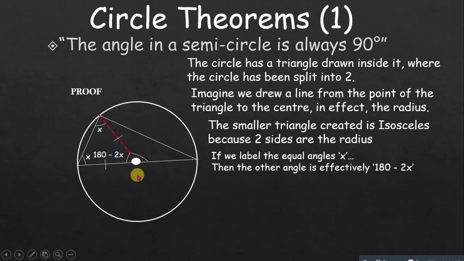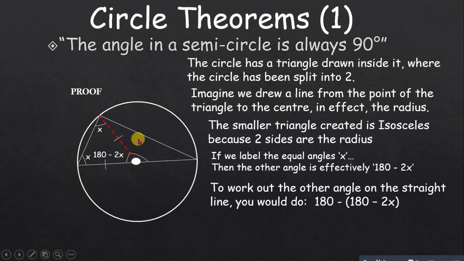Now, in other words, I want to get the other opposite side. So just follow and see how it is. We are trying to explain why we are saying that this side gives you 90 degrees. Okay. Now, to work out the other angle on the straight line, you would do 180 degree minus 2x. Note, angles on a straight line sum up to 180 degree. It means that when I pick this angle plus this angle, it will give me 180 degree.